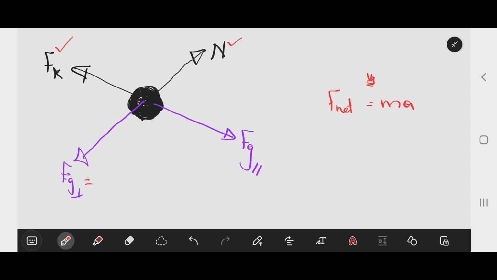From our resolving, Fg perpendicular should be equal to mg cos theta, and Fg parallel is mg sin theta. Okay, so for F net in the y-axis, we have the normal force, which is positive, and Fg perpendicular, which is negative. That is equal to the mass of the object multiplied by the acceleration.